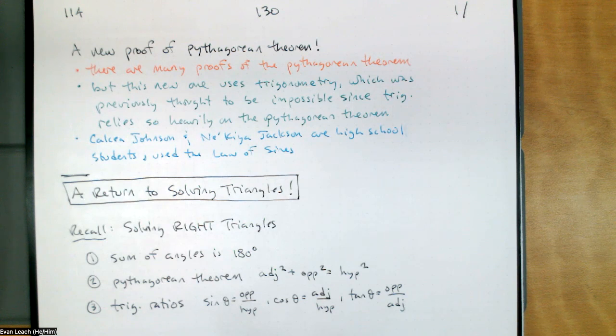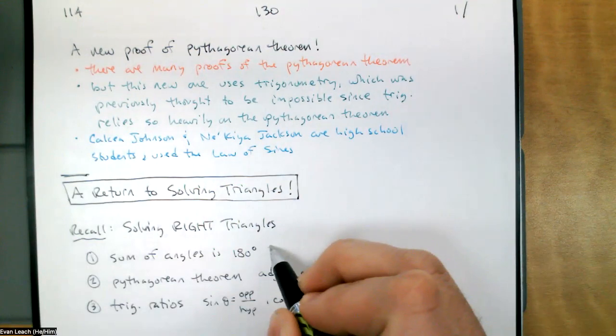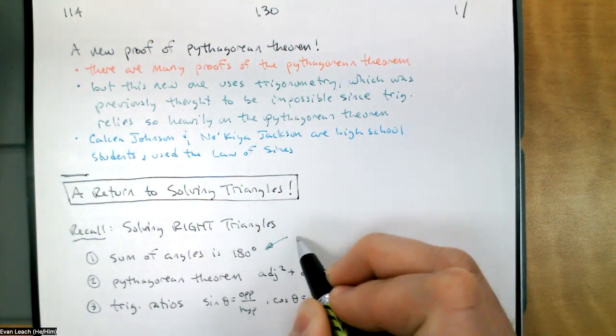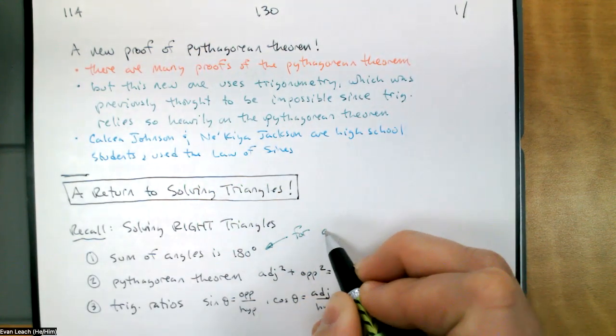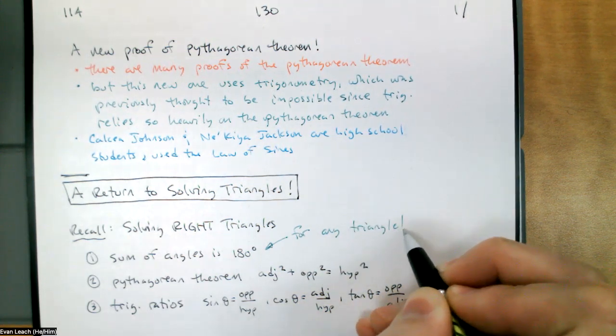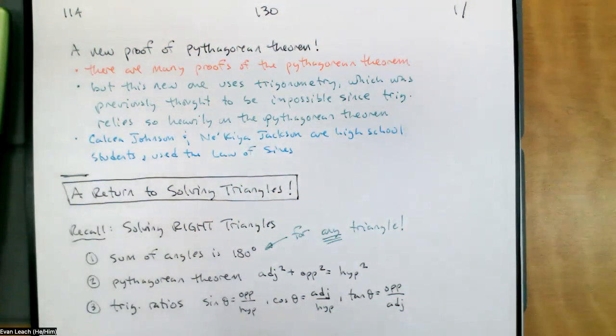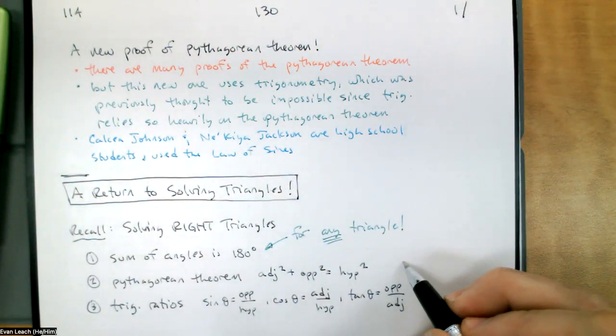So the sum of the angles is 180 degrees. That applies to every triangle, but the Pythagorean theorem and these trig ratios only apply in right triangles.